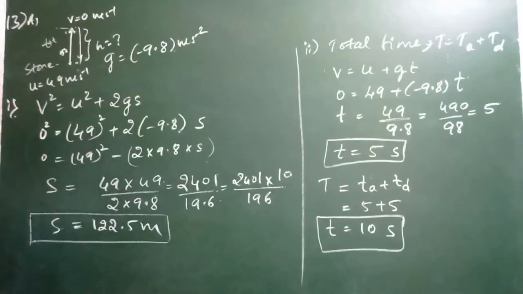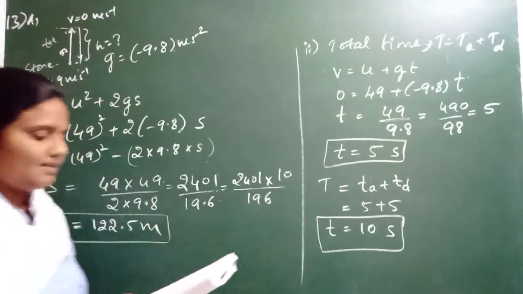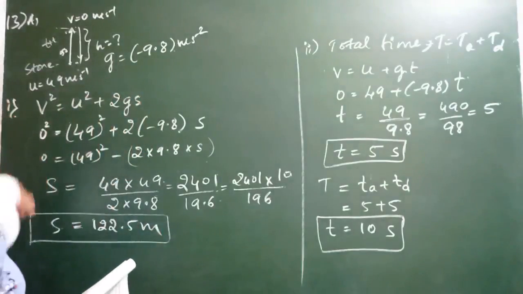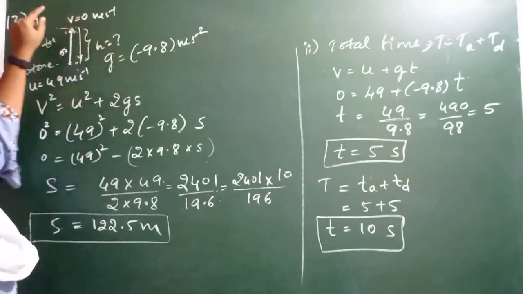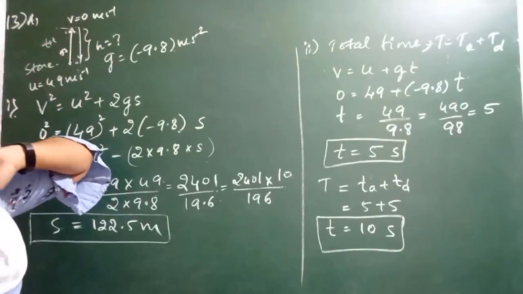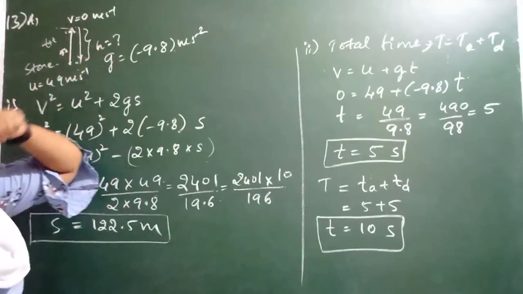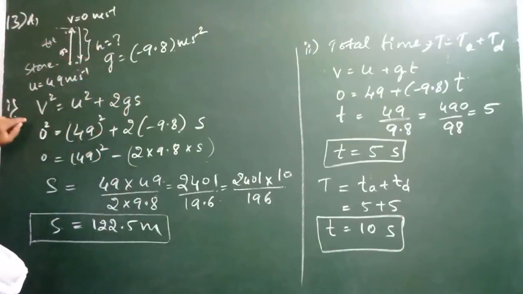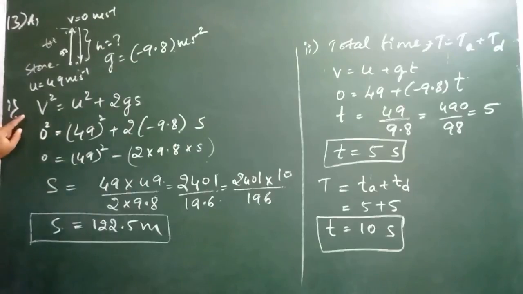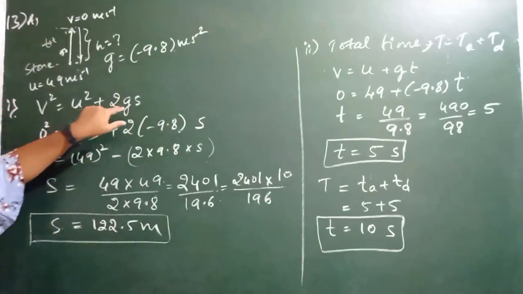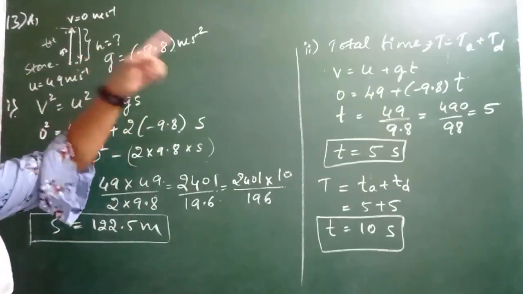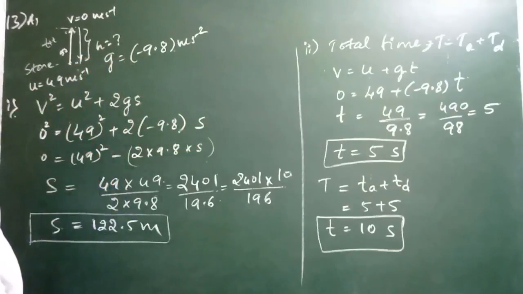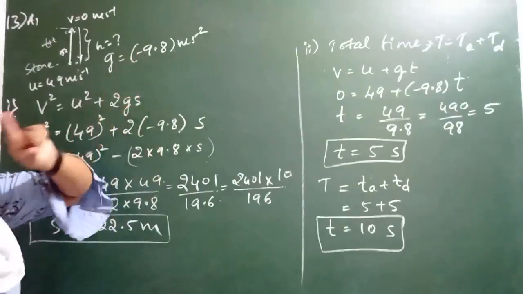This is a simple problem. What has been given? The initial velocity is given. Then they asked us to calculate the maximum height, how much it has covered. At that time, we had to use the formula v square equals u square plus 2gs. Since it is moving opposite to the direction of the acceleration due to gravity, its sign changes.